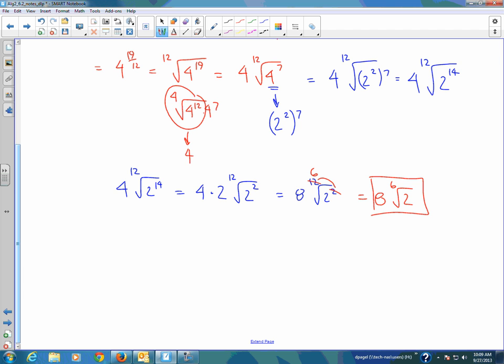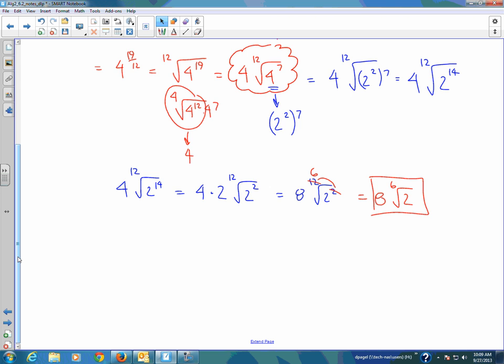And that's as far as we can go for that one. So once you've taken yourself to a point where we thought we were as far as we can go, we look at those base numbers inside of my radical and see if I can rewrite them as an exponential, and it sends me down a whole other path.